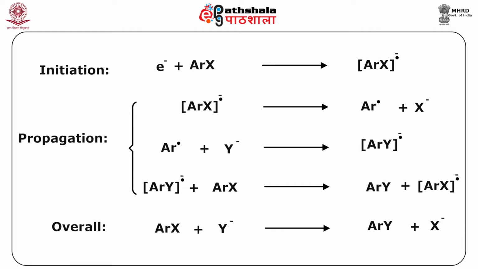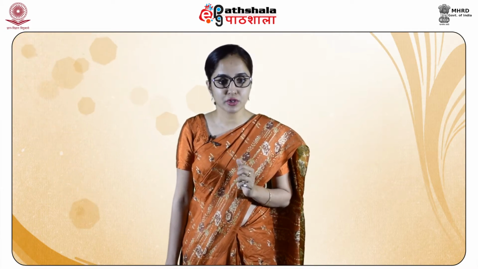The radical anion thus formed leads to the removal of the leaving group, leaving behind a radical available for attack by the incoming nucleophile. Specifically, for aromatic substrates, the reaction goes by ipso substitution, although the need for electron withdrawing groups is not that stringent for these reactions.